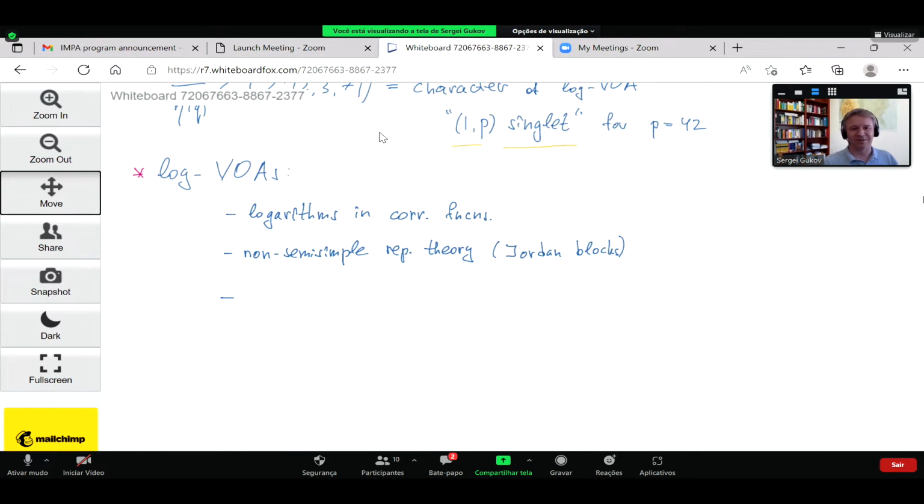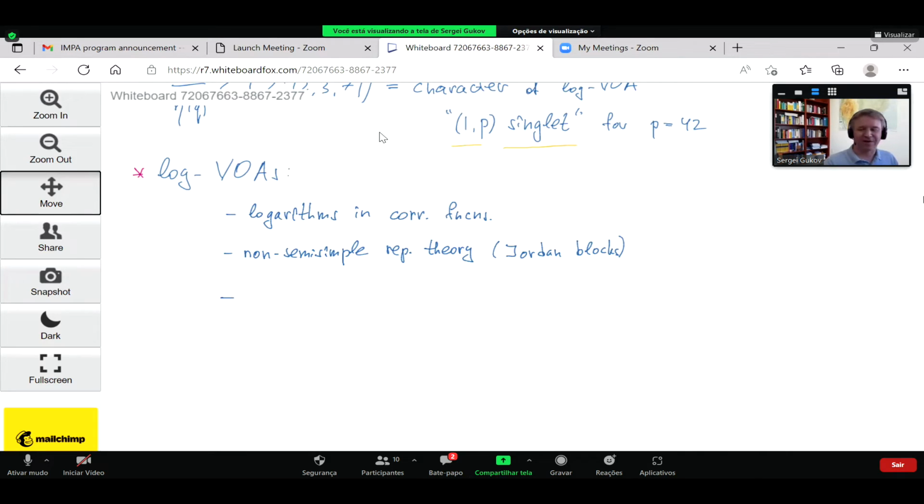And they're nice vector-valued modular forms in the sense that these are traditional textbook transformations. Whereas the fact that we already encountered this example through Ramanujan, or a character of this example through Ramanujan, suggests that the modular properties of characters of log VOAs in general are not quite traditionally modular.